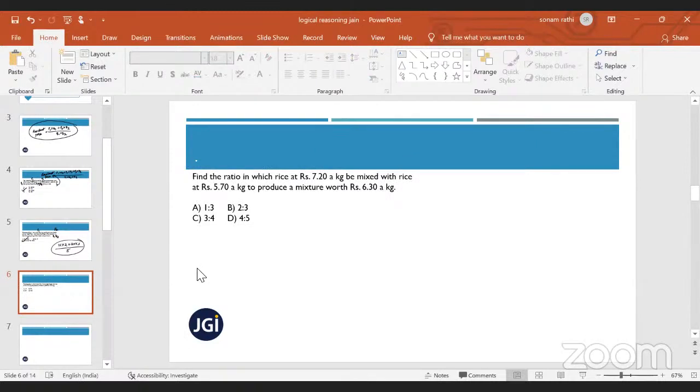Okay, read the question carefully. See what all values you know: P1, Q1, P2, Q2. What all values you know from the question, and then try to apply the formula.